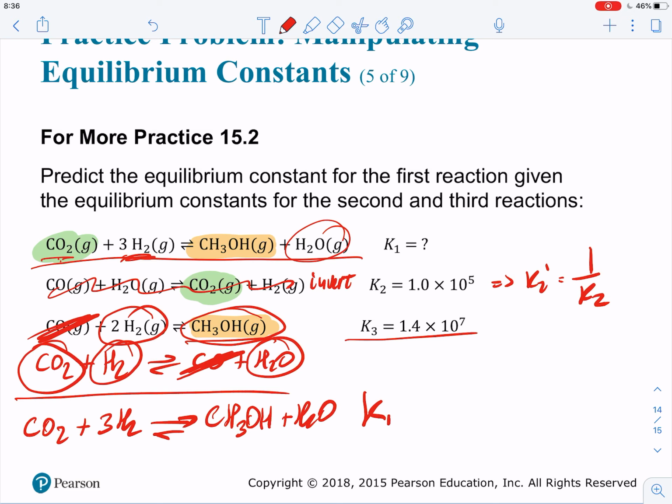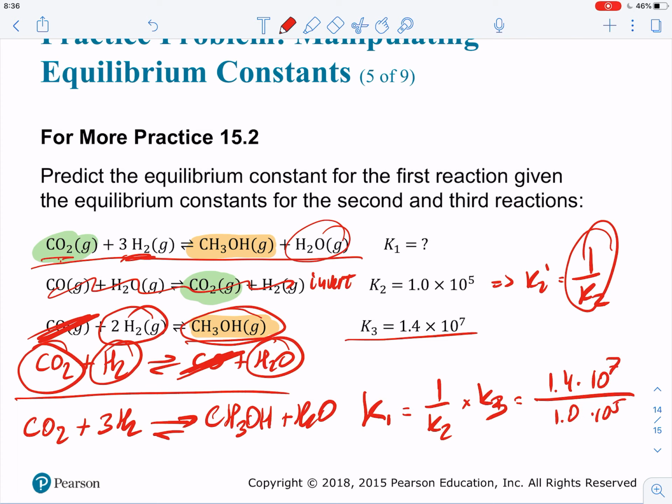So K1 in this case is going to be 1 over K2 times, you didn't do anything to the second equation, so times K1. Therefore, this is equal to not K1, K3. This is going to be 1.4 times 10 to the power of 7 divided by 10 to the power of 5. We cancel this with this, and that is 2. K1 is equal to 140.